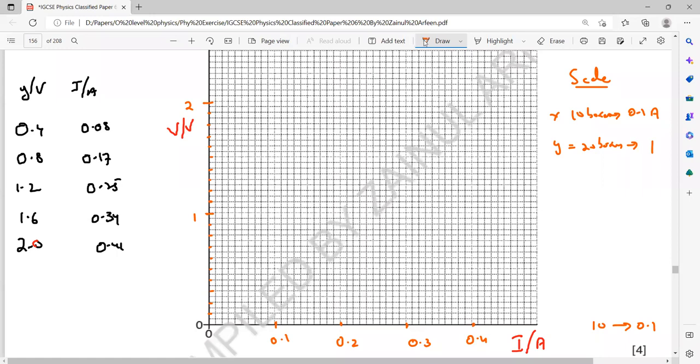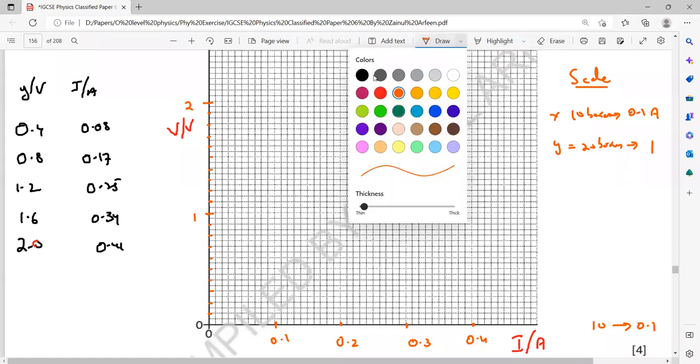Then we have to mark the points according to the values. When the voltage is 0.4, the current is 0.08, so this will be 0.08 and 0.4.